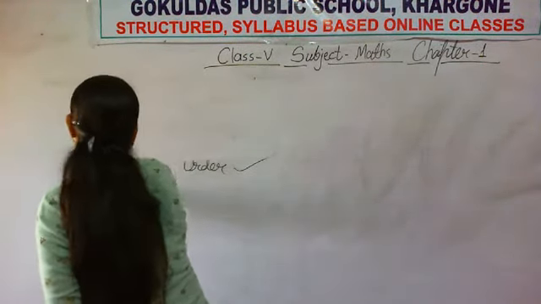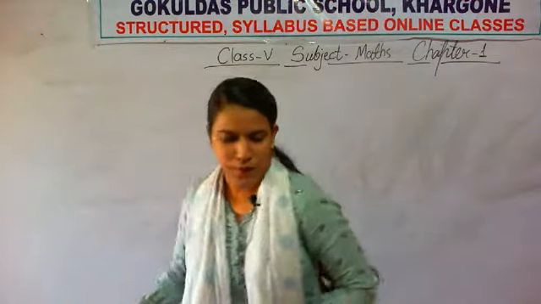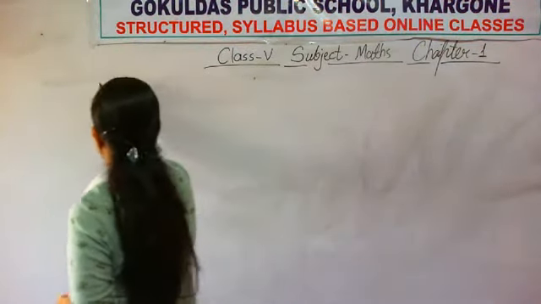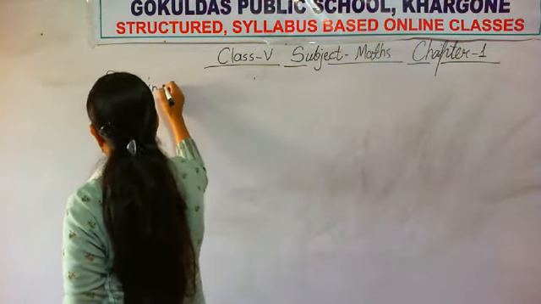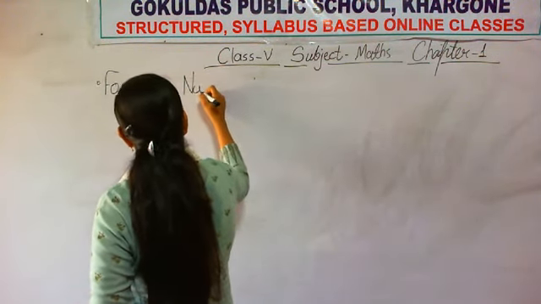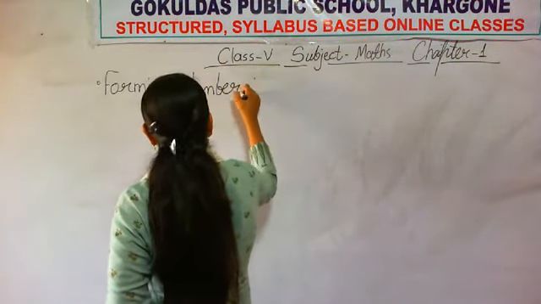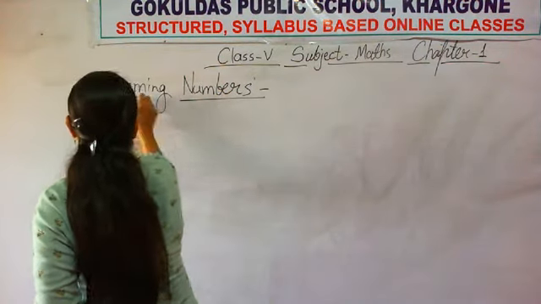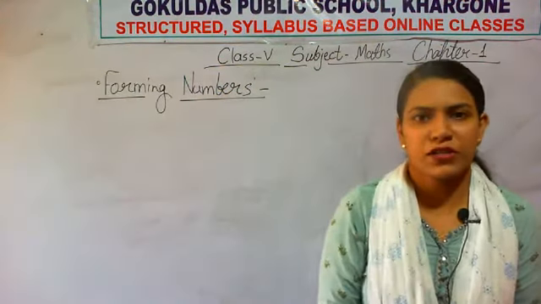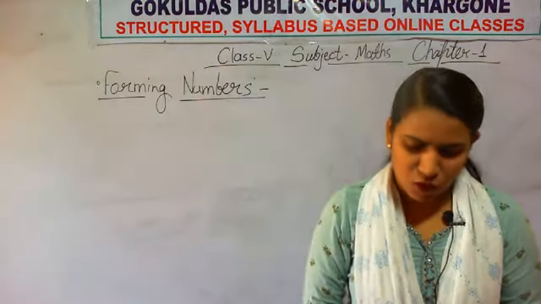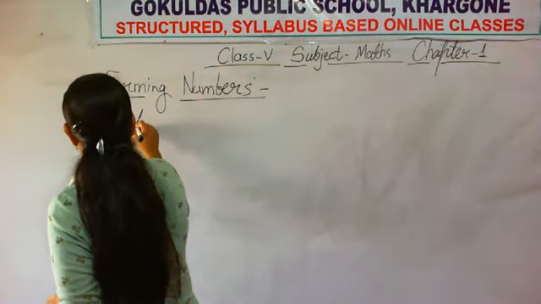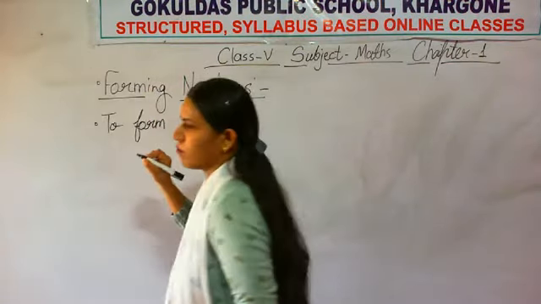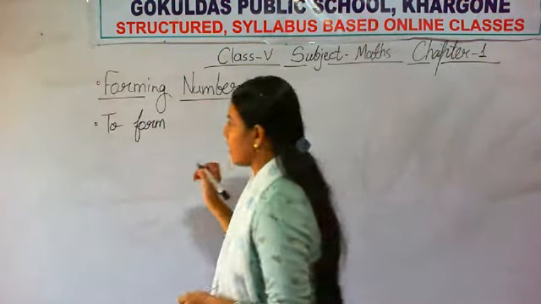Now our today's topic is forming numbers. For the number formation there are two rules. Okay. So the first rule is to form the largest number.